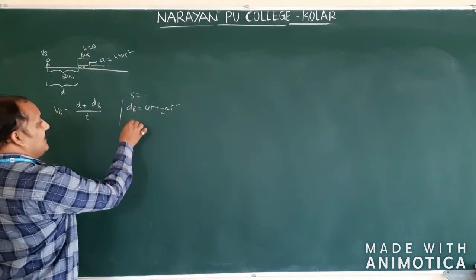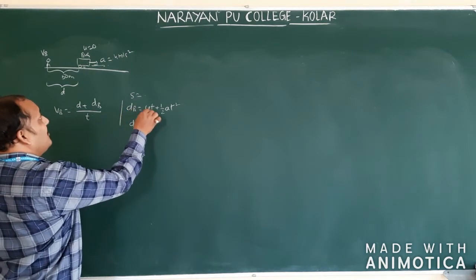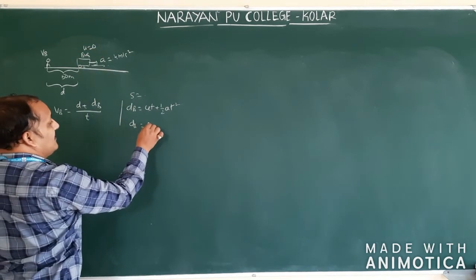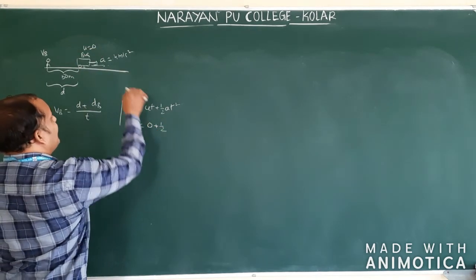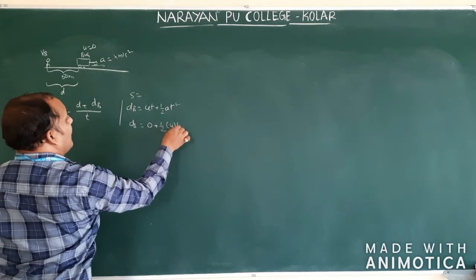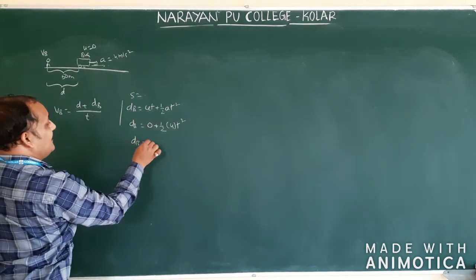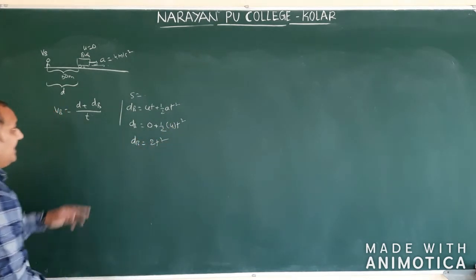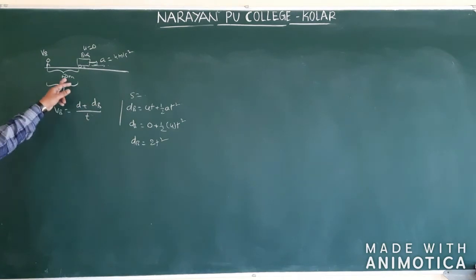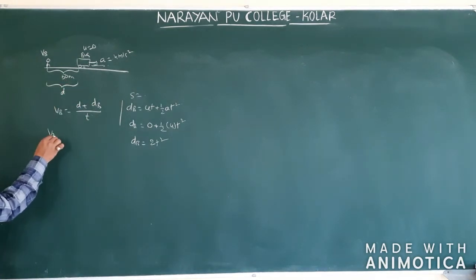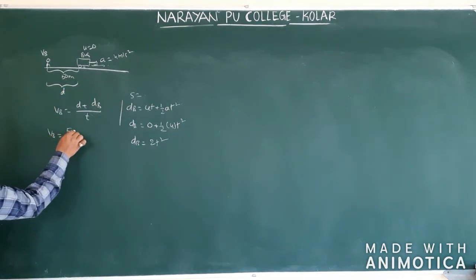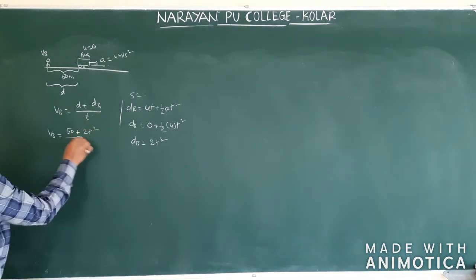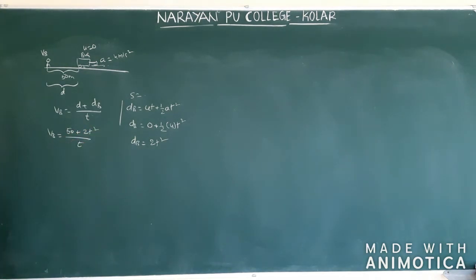Distance covered by bus db is equal to u, which is 0 for the bus, plus half of a, which is 4, t square. Therefore db is equal to 2t square. D value is 50. So vb is equal to 50 plus 2t square divided by t.